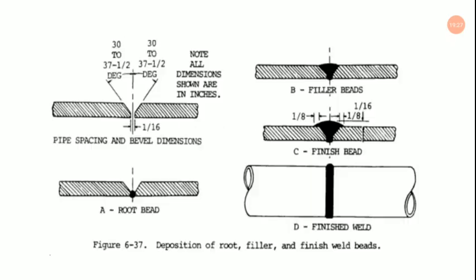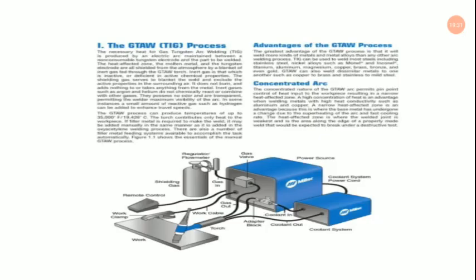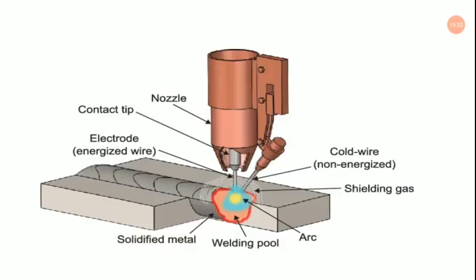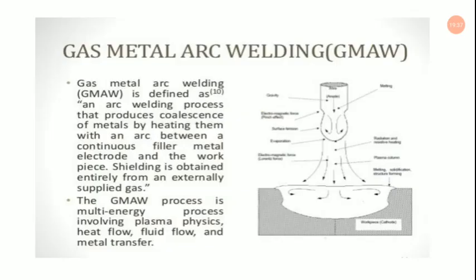So I think today we have learned a lot about this FCAW process, which is somewhat similar to the previous one, the MIG gas metal arc welding process. So as of now we have completed the main portions of the arc welding sections, the famous welding operations of arc welding.